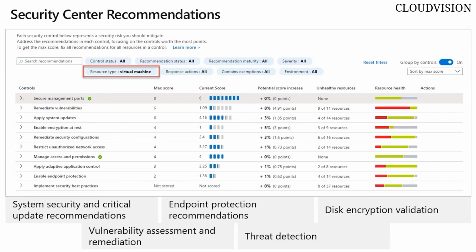If you take a look at the first recommendation, it says secure management score. The score for this recommendation is 8. You can see how many resources are healthy and how many are not healthy. Apply the system update. You need to expand them, and then you will get to know how many have been followed by me and what needs to be followed next.